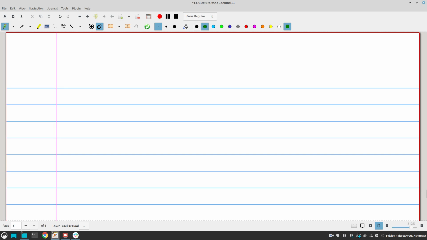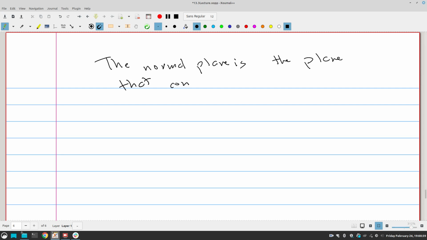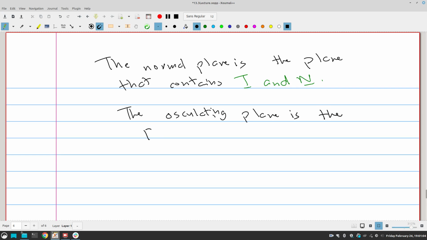The normal plane is the plane that contains the normal vector and the binormal vector. Right? And the osculating plane is the plane that contains the tangent vector and the normal vector. Right?